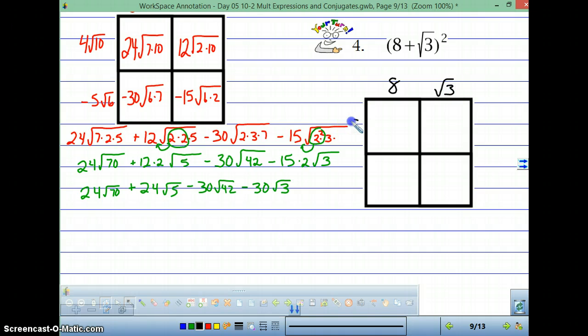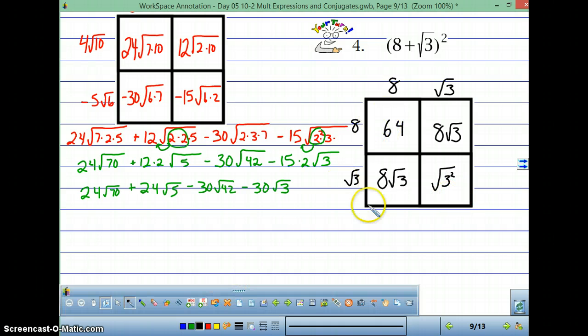Root 3, 8 plus root 3. What's 8 times 8? 64. What's 8 times root 3? 8 root 3. 8 times root 3 is 8 root 3. Root 3 times root 3 is root 3 squared.